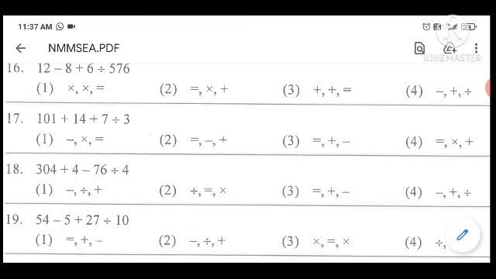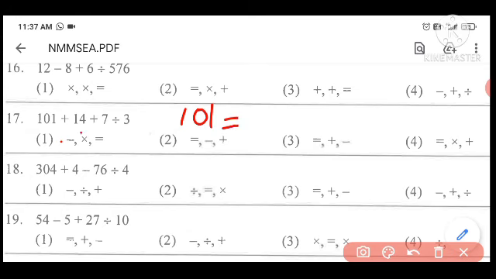Let us check option 3. 101, in the place of plus we substitute is equal to 14. In the place of plus we substitute again plus 7. In the place of divided by we substitute minus 3.